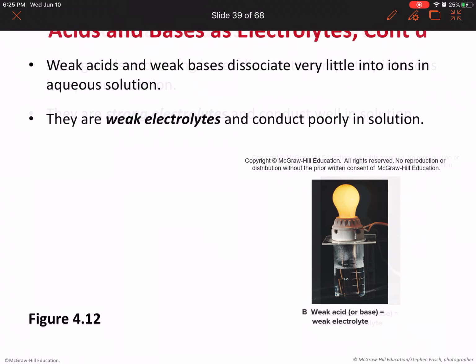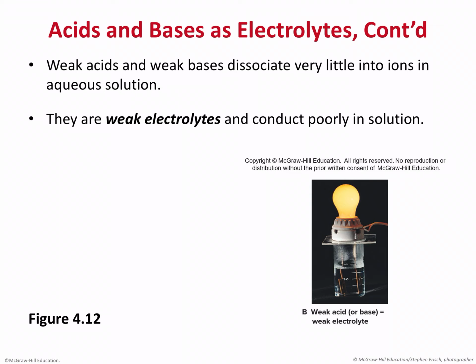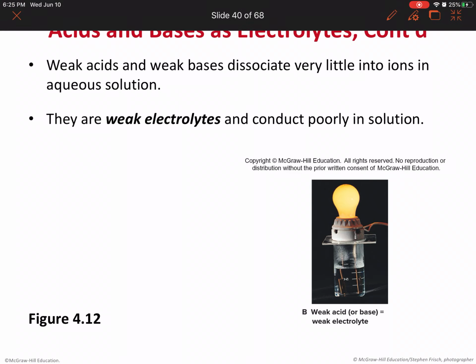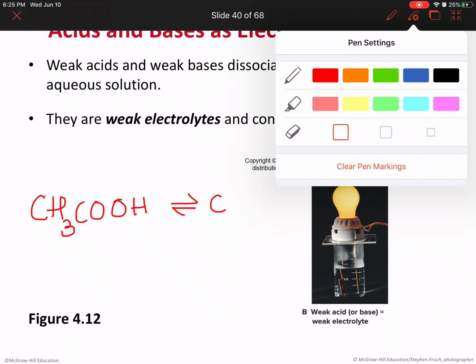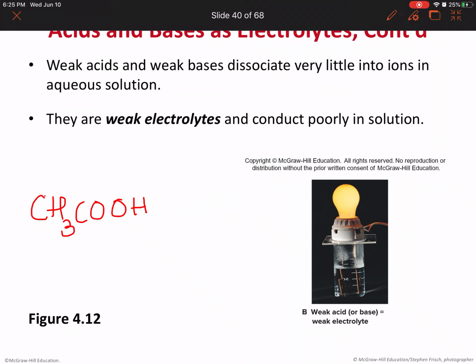Okay. Whereas, let's say you have a weak electrolyte, for example, acetic acid, with the formula CH3COOH. You put this into water, it would dissociate into acetate ions only a little bit in the forward reaction, but mostly it would be in the form of the original weak acid, acetic acid.